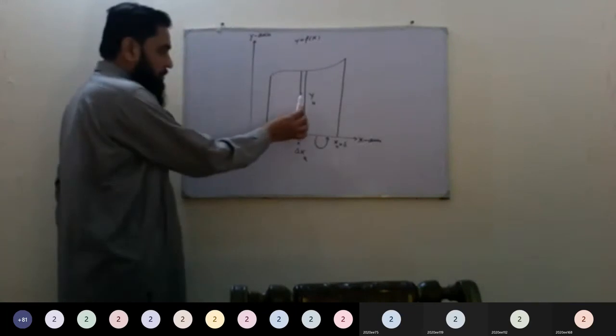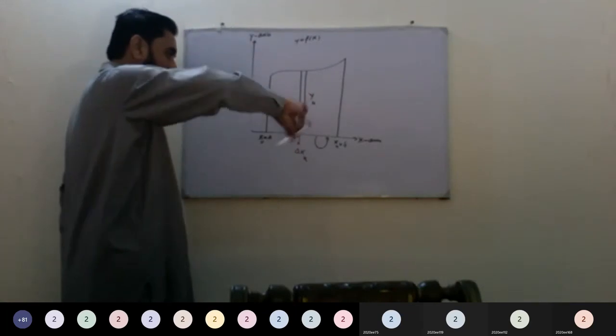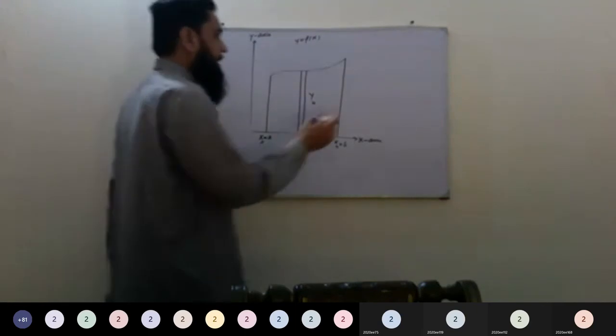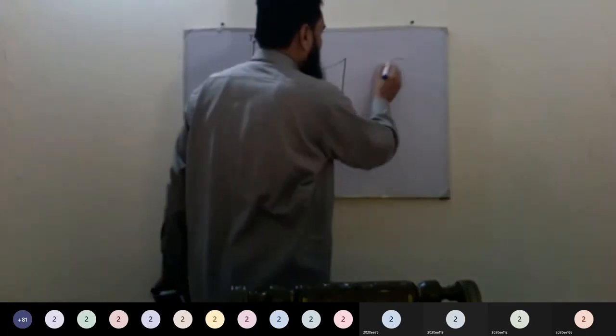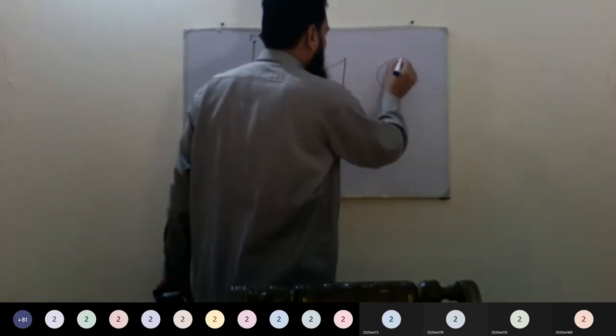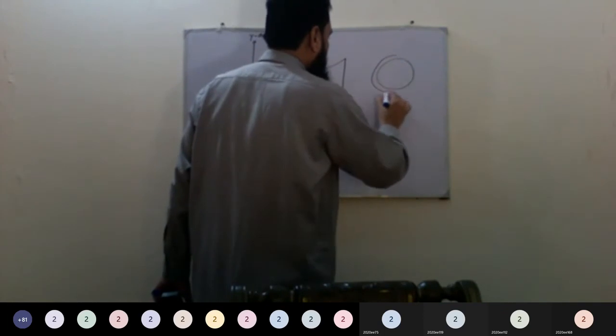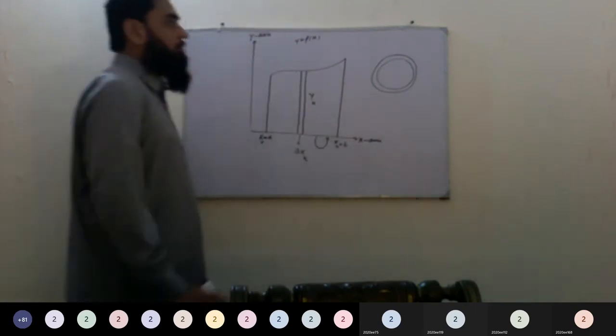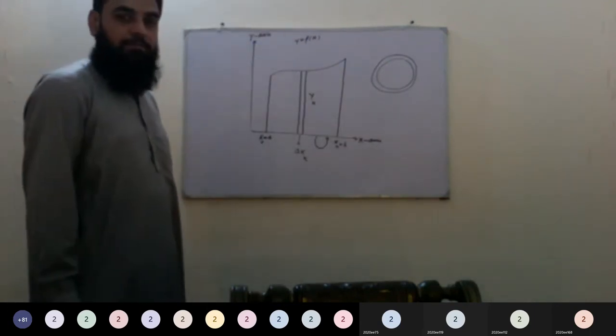If you rotate this vertical strip around the axis, it will turn out to be a circular object. Have a look at the outcome. It will turn out to be something like that. The graph is not appropriate anyway, but it will turn out to be a circular object.